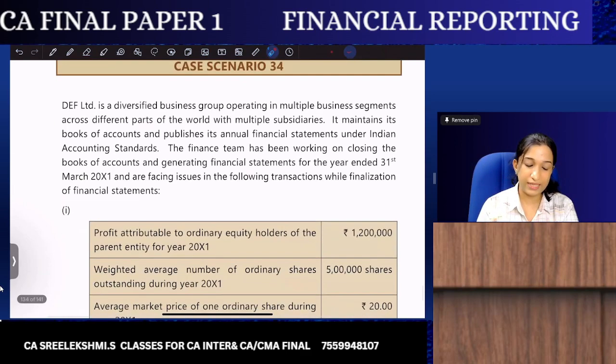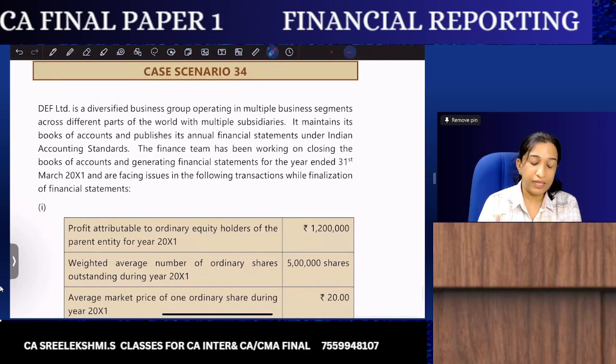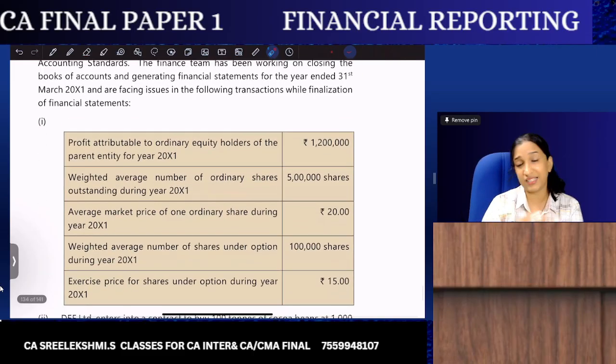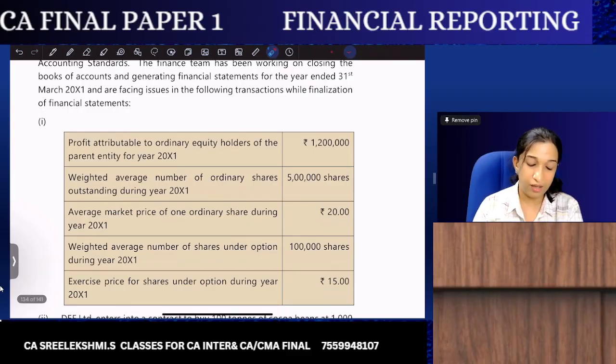Now case scenario number 34. DEF Limited is a diversified business group operating in multiple business segments across different parts of the world with multiple subsidiaries. It maintains its books of accounts and publishes its annual financial statements under Indian accounting standards. The finance team has been working on closing the books of accounts and generating financial statements, and it is facing some issues in the following transactions.